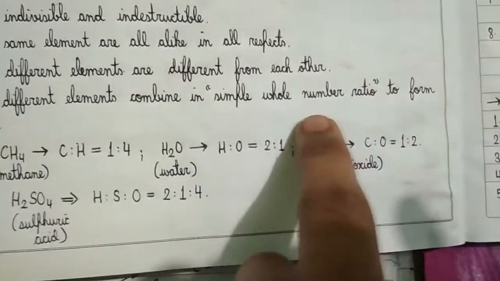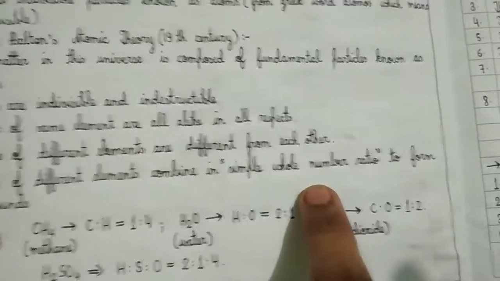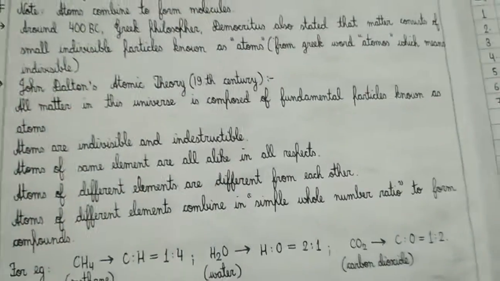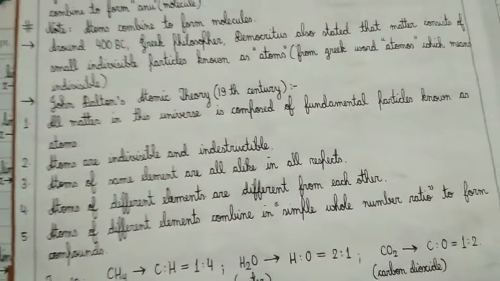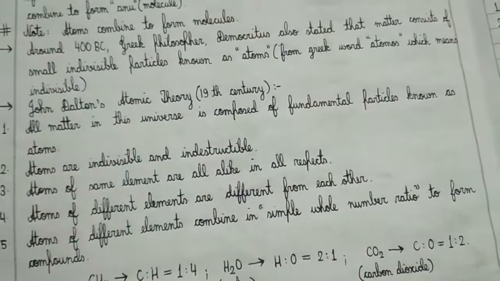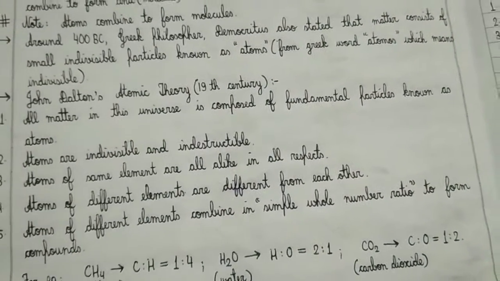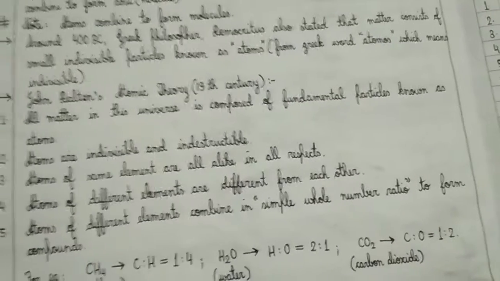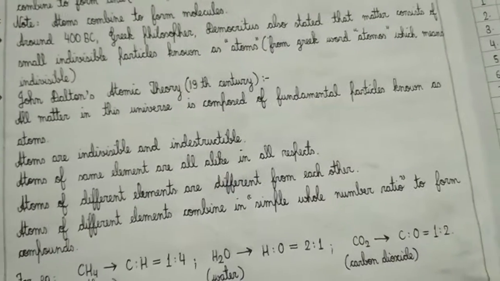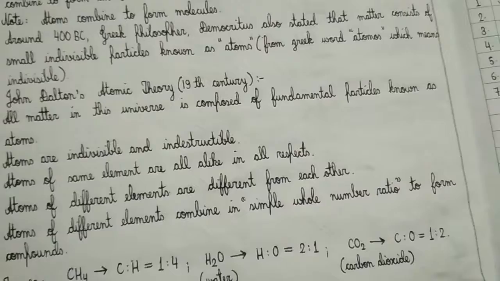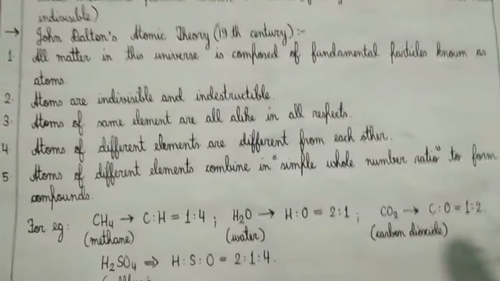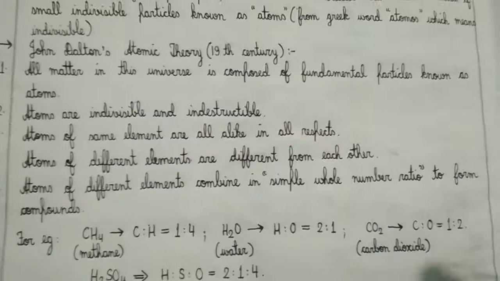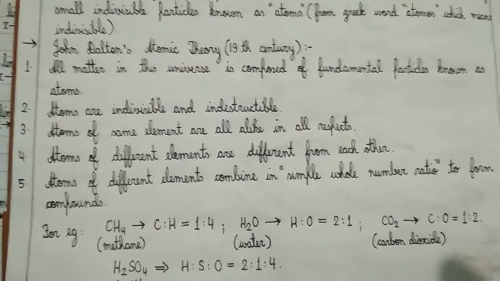There are compounds which, at this level we don't need to know about, but just for example, Ni0.98O is also a compound. This exists. See, Ni 0.98. So it is not in whole numbers. So all these points, as far as today's days are concerned, are not true.